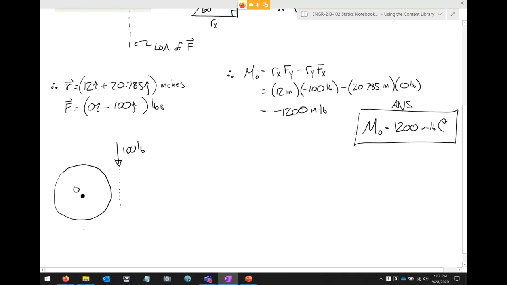It would turn the wheel clockwise. Does that make sense? And so that's how you would tell if it's clockwise. If 100 pounds was going upwards, it would be counterclockwise. Or if the 100 pounds was on the other side of point O, that would be how you would determine. Yeah, great question.